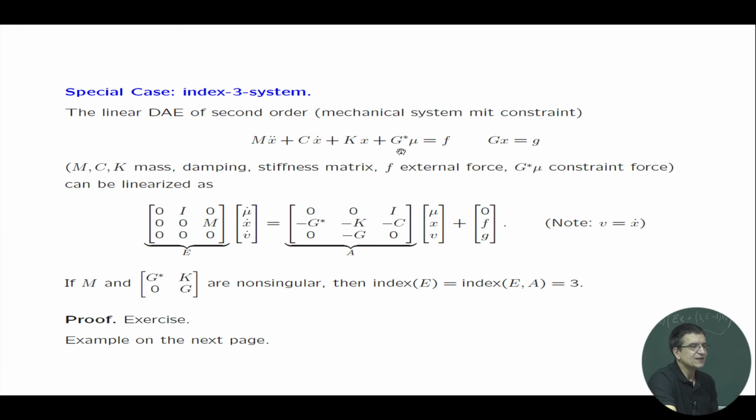This mu is unknown, and we can put it into our vector of unknowns. So here's the mu, here's the x, and we want to generate a differential equation of first order, so we have to introduce the velocity as a new variable. In this way, we get a differential algebraic equation. Here, this little g is the value of the algebraic constraint, and this is the matrix of that constraint.